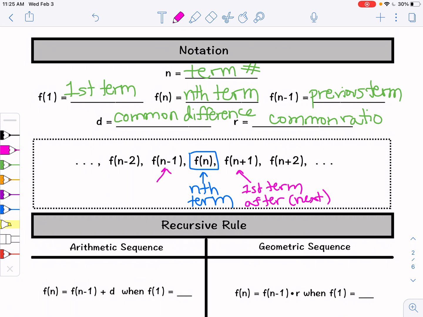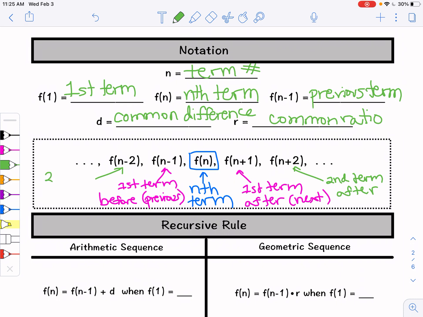So f of n minus 1 is the first term before, or the previous. So then f of n plus 2 is the second term after, whatever term you're discussing. f of n minus 2 is the second term before. That's how the notation works, and we'll get used to this throughout.